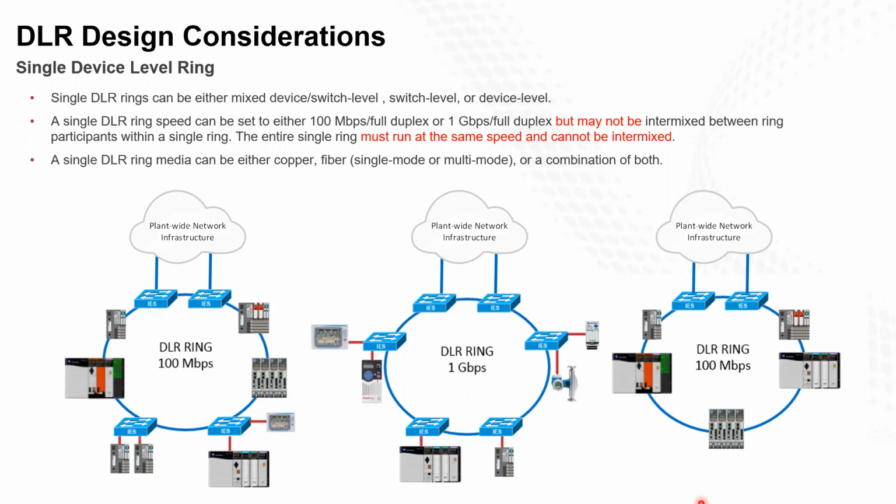I'm going to deviate a little bit and talk about the media being used here. You notice we can do rings at 100 meg or 1 gig. But this can be a combination of copper and fiber. We don't care.